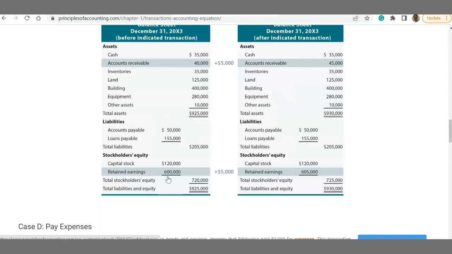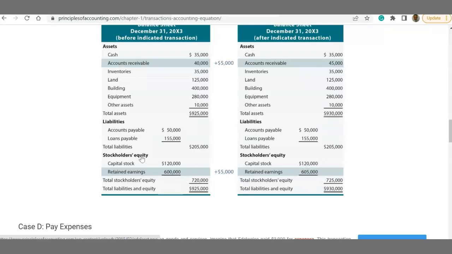Do you remember what the retained earning formula was? The retained earning formula was beginning retained earning plus net income minus dividend equals end retained earning. So here beginning retained earning is 600,000 plus net income of 5,000 minus dividend of 0, in this case, and retained earning is 605.